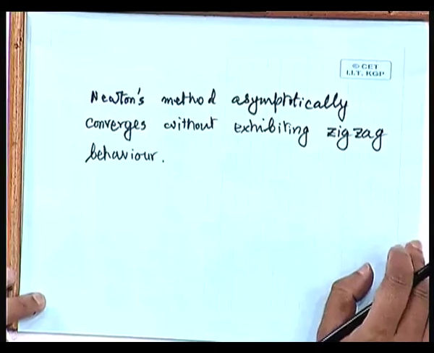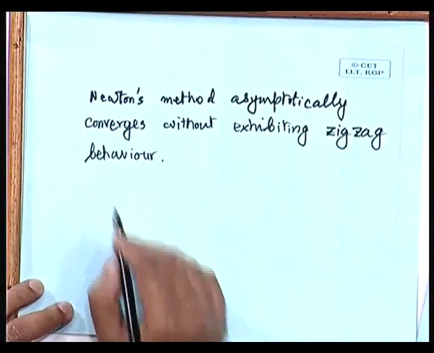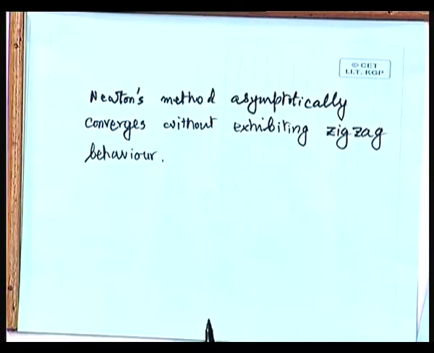Now, for Newton's method to work, however, one point that should still be noted is that Newton's method is also not a very guaranteed convergence, because again you are taking second order terms and you are neglecting anything beyond second order.